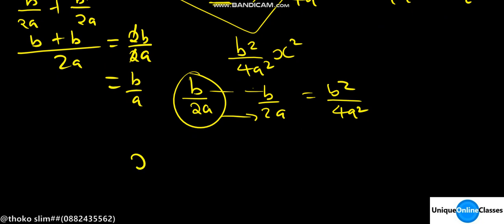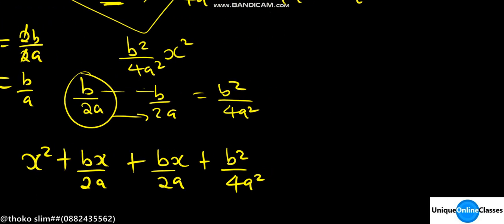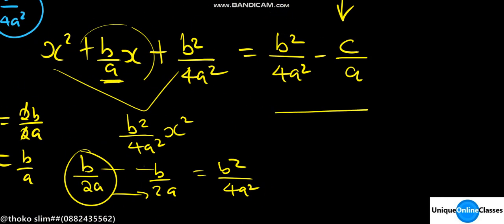So we have x square plus bx over 2a, then plus here bx over 2a, then plus b square over 4a square. At the same time here, we can make this one a single fraction. Common denominator, that's 4a square.